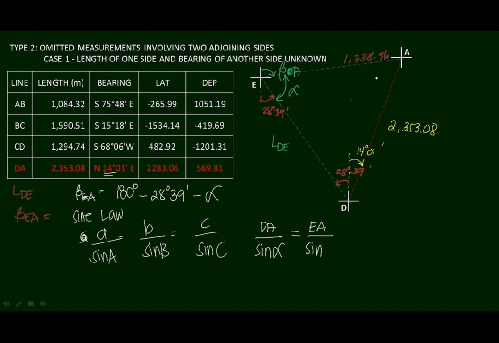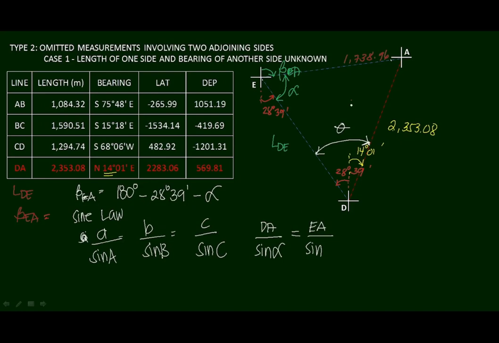The angle opposite EA is this one. Tama? If this is EA, yung opposite angle niya ay itong angle na to. Yung kulay white. Right? I'll name that angle as angle theta.